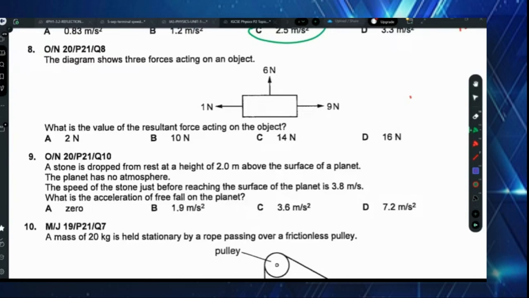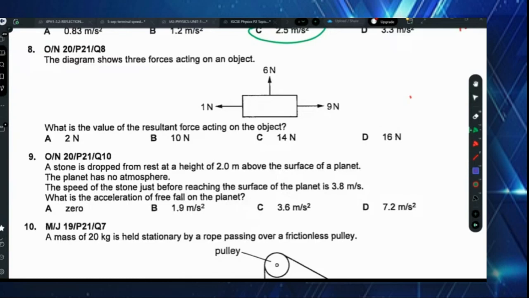Question number 8 and 9. Yes, any response? Why does this question look so simple, but it is not? What is the value of the resultant force acting on the object? It is simple, but not that much. Sir, you're scaring me, because I already solved that question and I was solving question 9. Okay, you did it.